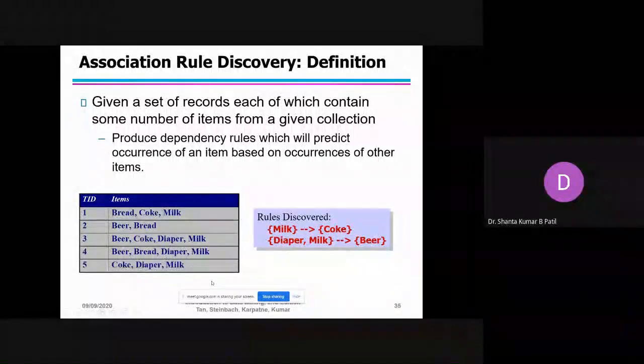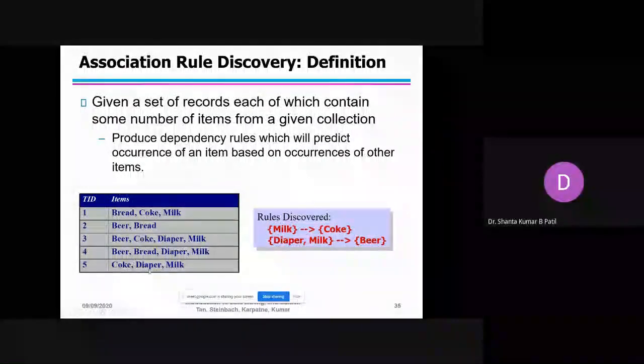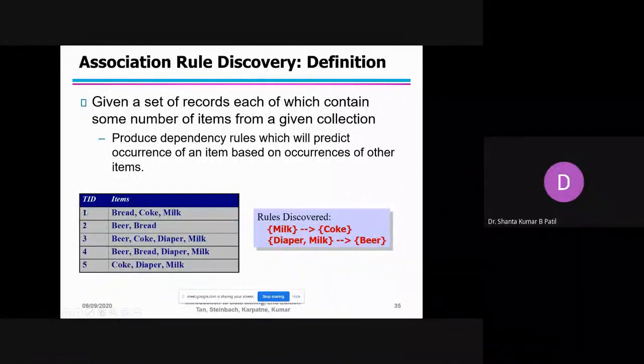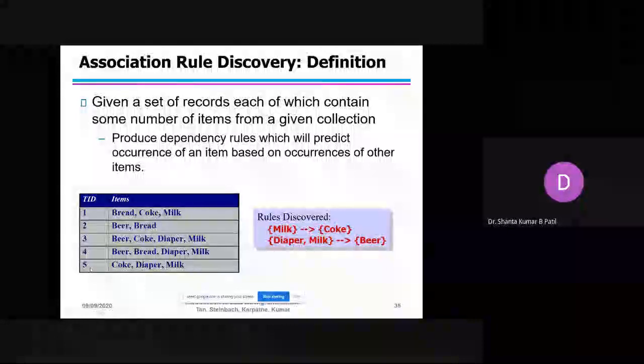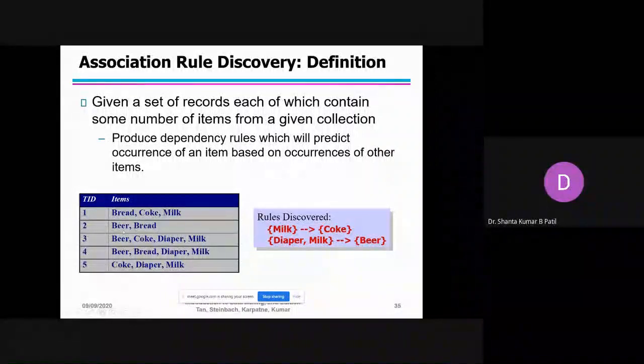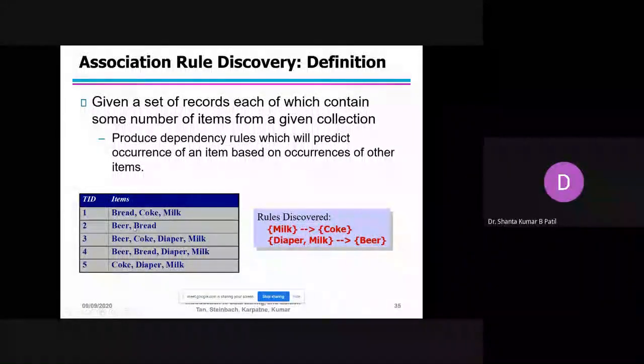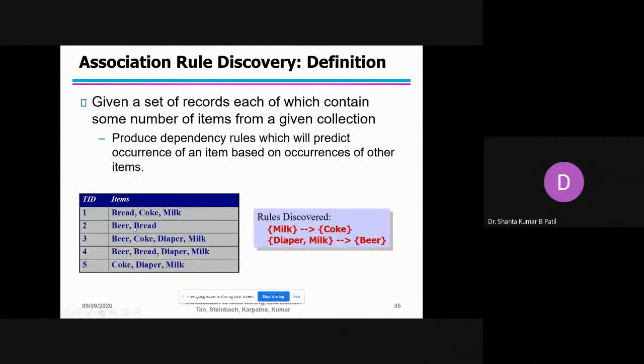For example, the person is purchasing Coke, diaper and milk. That is the transaction type. What is the relation? He is purchasing beer and bread. Such very rare combinations are also recognized with the help of the association tool.